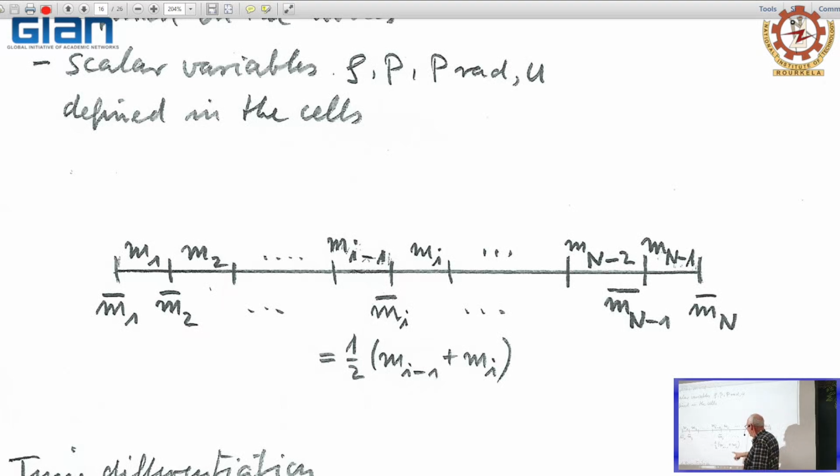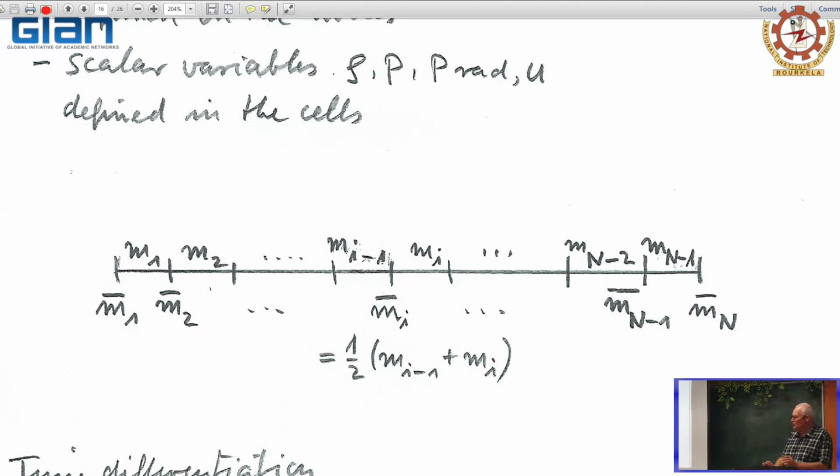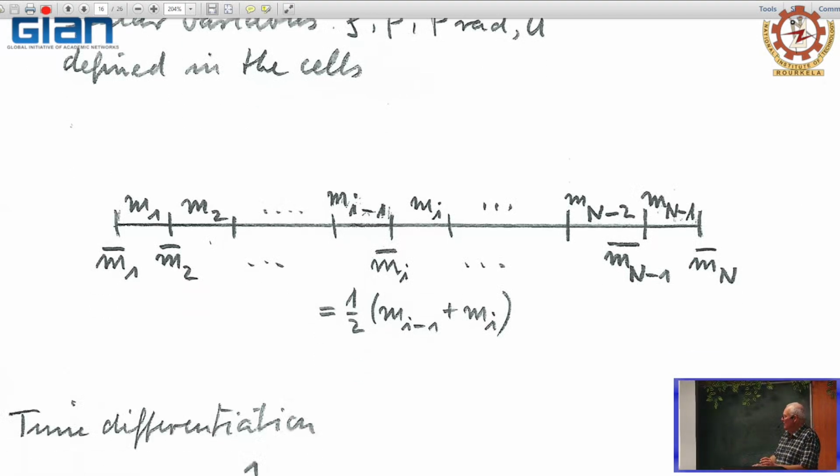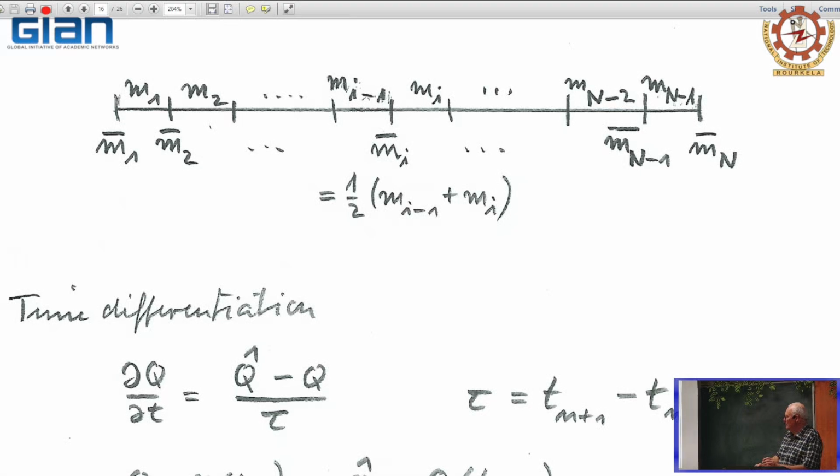So the mass m_i with a bar is simply the arithmetic mean of the masses of the two neighboring cells. So we can define the gradients either by the difference of the masses of two neighboring cells or the masses of two neighboring nodes. Okay, that's for the spatial discretization, and now we come to the time differentiation.